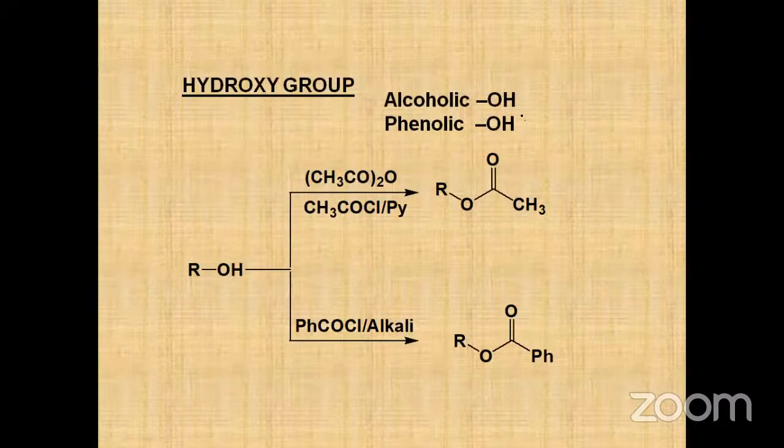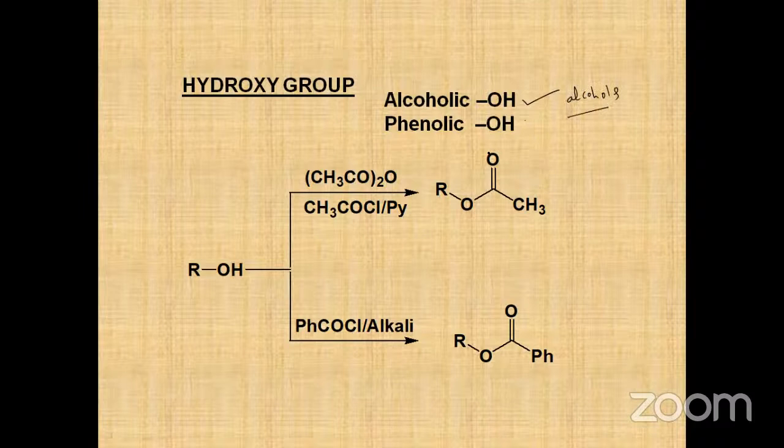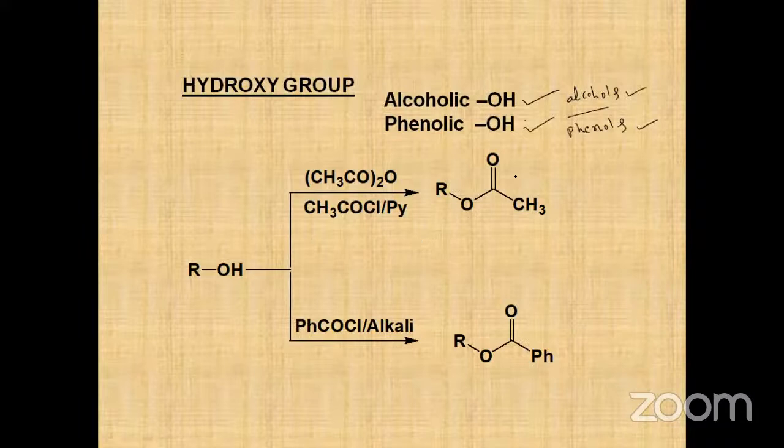The hydroxy group may exist in the form of simple aliphatic OH, that is simple alcohols, or it may be phenolic OH, that is the OH in phenols. How are these hydroxy groups identified? First, coming to simple alcoholic OH, ROH.